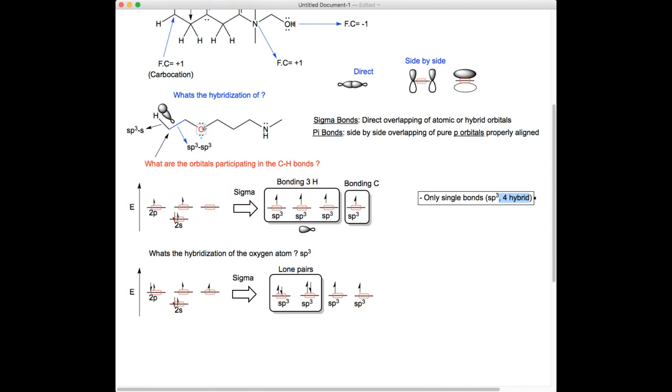So I look at the atom, I see all single bonds, I know that's sp3 hybridized. And the moment I know it's sp3 hybridized, I know there are 4 sp3 hybrid orbitals. So in this oxygen, one of the sp3 hybrid orbitals is going to be used for this sigma bond, another one for this sigma bond, and the other 2 will contain the lone pairs.